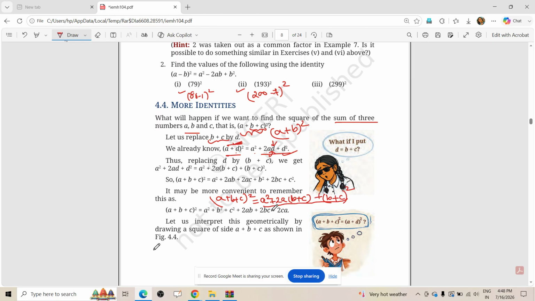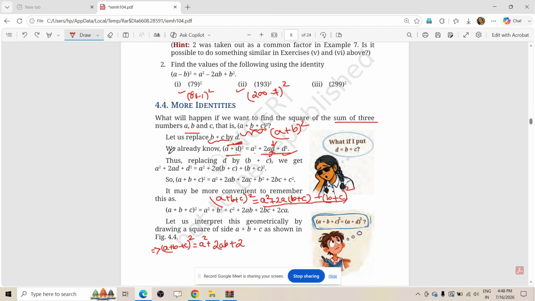It becomes a plus b plus c whole square, which is equal to a square plus 2a into b, that is 2ab, plus 2ac. And what is the expansion of b plus c whole square? See, b plus c whole square.